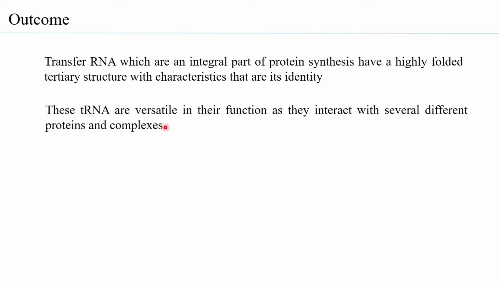These tRNAs are versatile in their function as they interact with several different proteins and complexes. One knows that tRNA can interact with mRNA, ribosomes, elongation factors, and initiation factors that take part in the process of translation. But there are many more proteins with which the tRNA interacts and works.